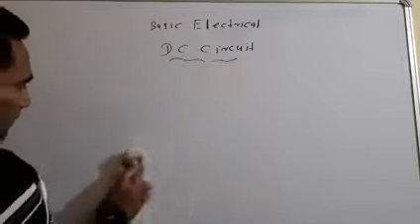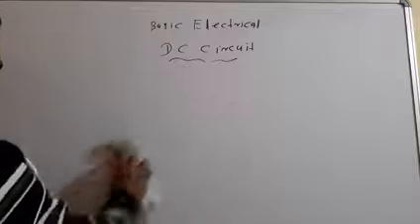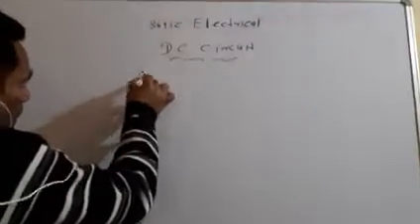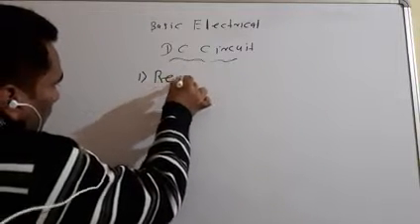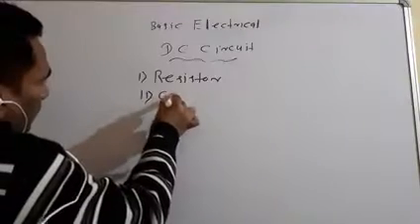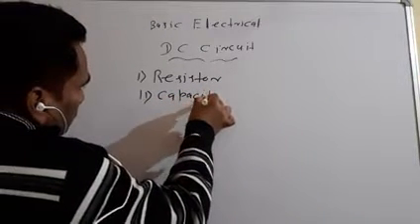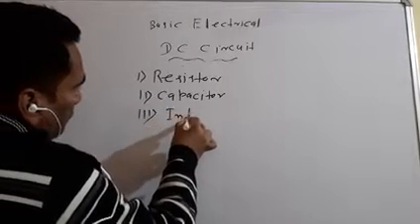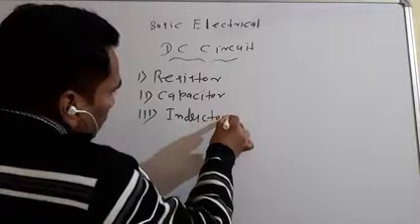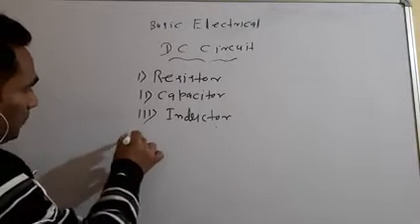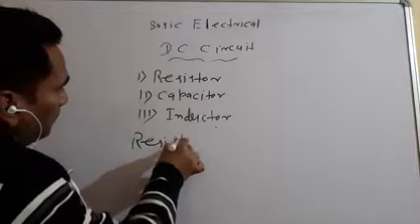The basic DC circuit elements are: first, resistor, second one is capacitor, and third one is inductor. Okay, so I'm interested to know what is a resistor.